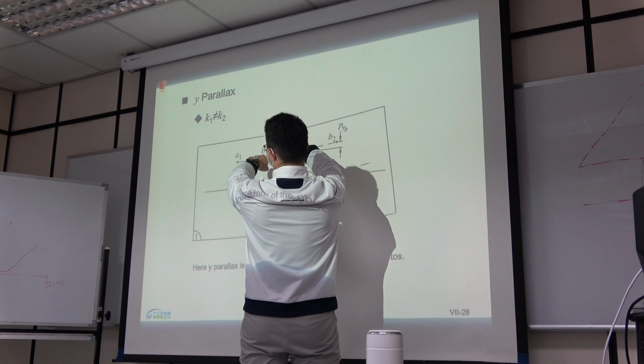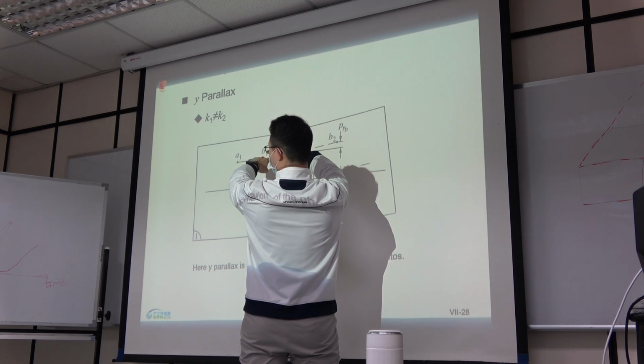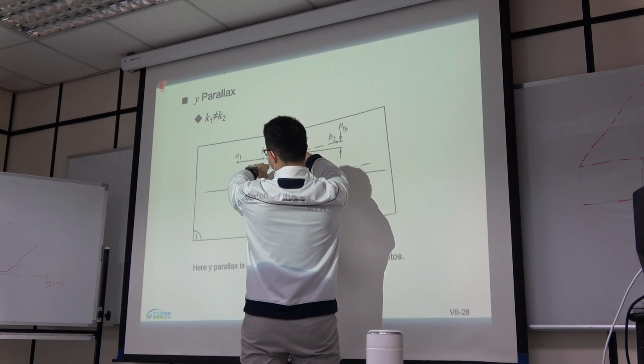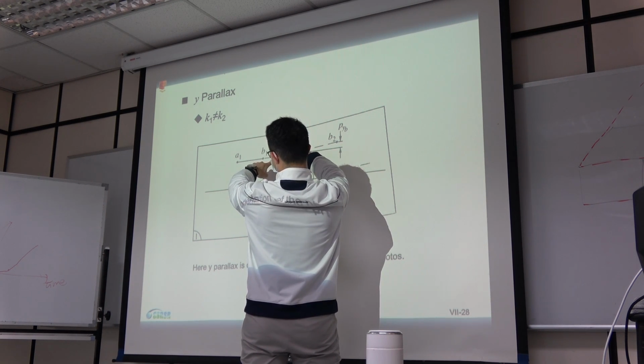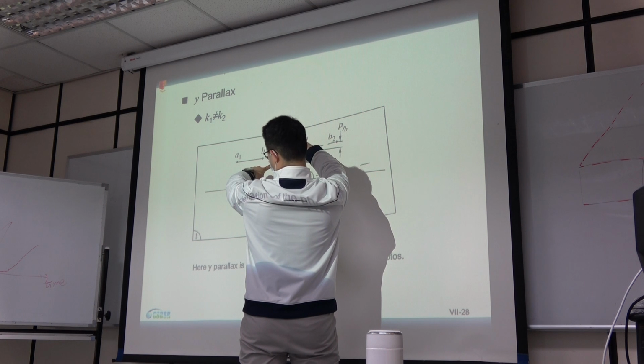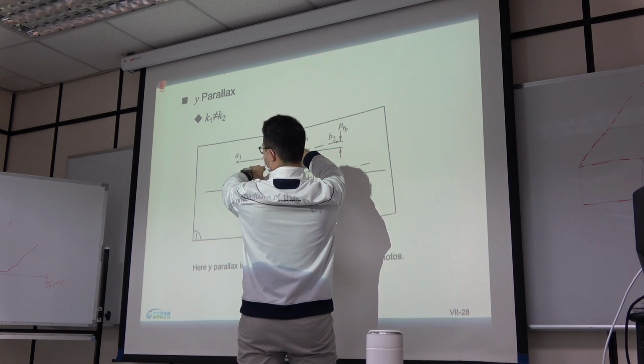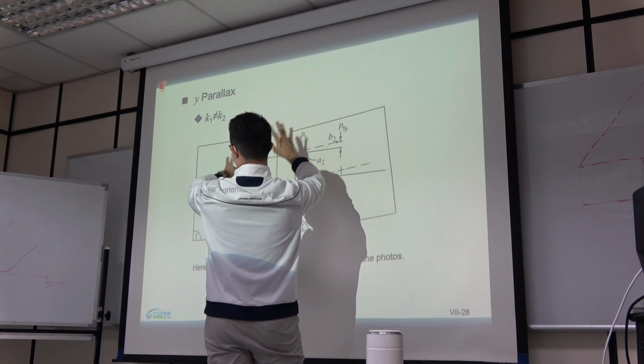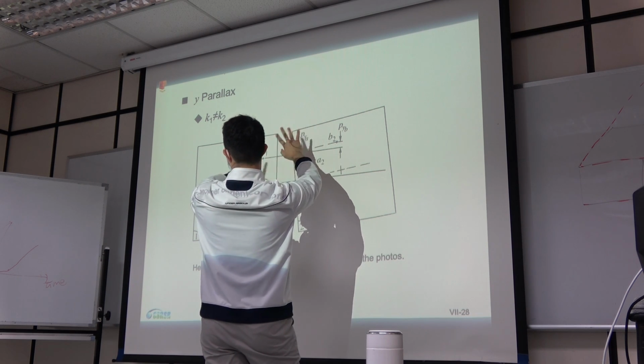This indicates that if the y parallax is small, then although you cannot match them perfectly, you can still see that object. But when the y parallax gets larger and larger, at the end you couldn't see the stereo.